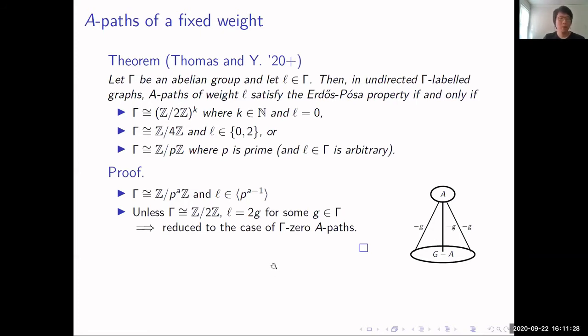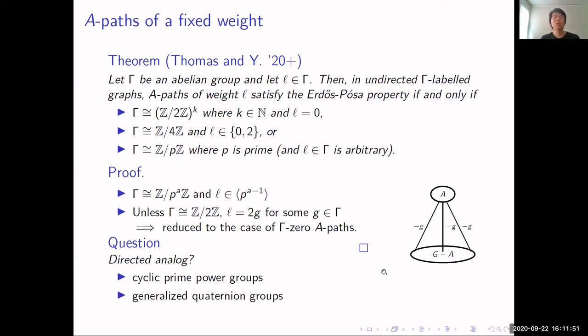Okay, the main reason I'm mentioning all these details is because I don't know how to do this for the directed group labeled graphs. So can we also characterize the groups and elements such that A paths of weight L satisfy the Erdős-Pósa property? And all of the counterexamples that I mentioned, they all work. So we only have to look at these two cases, cyclic prime power groups and the generalized quaternion group.